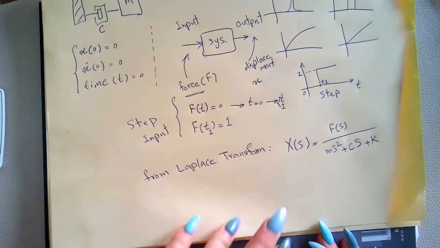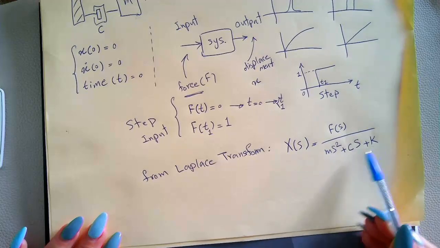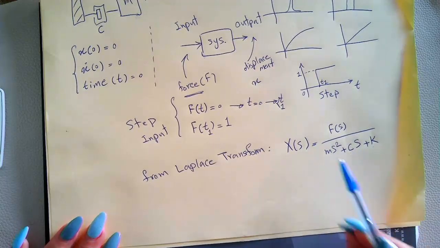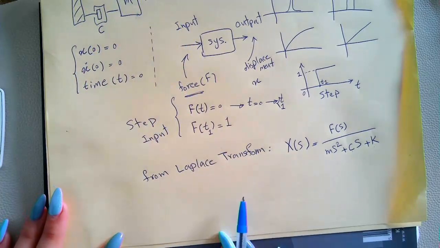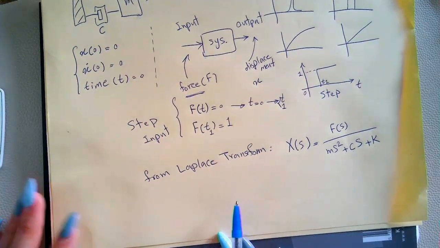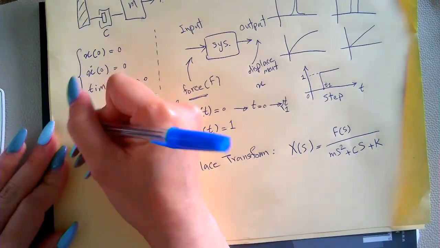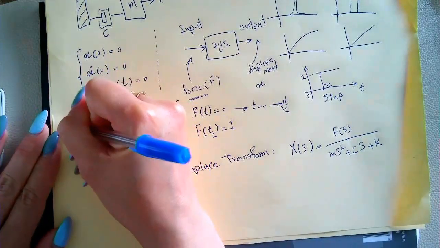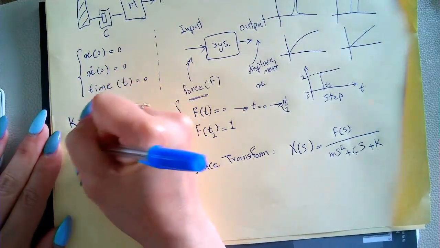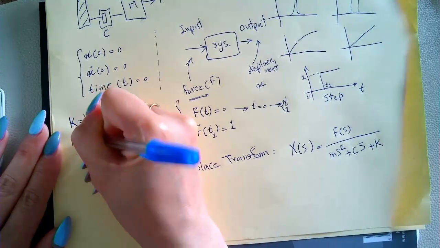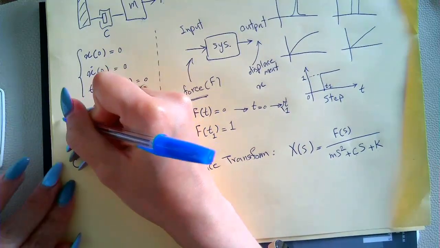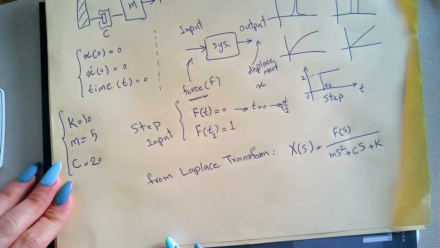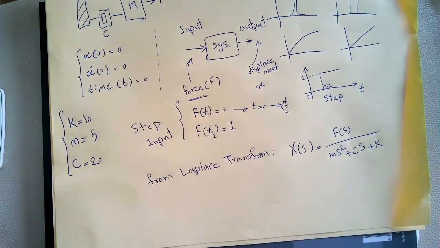Now what we can do is replace k, c and m with the numerical values that are given to us from the system. Let's say k is 10, m is 5, and c is 20. We don't care about the units, but they have their own parameters and units.